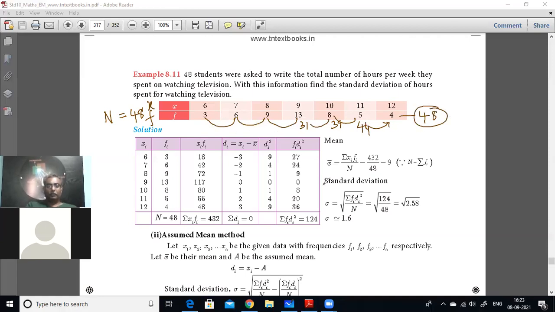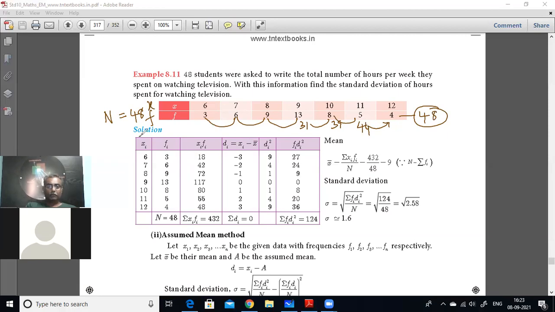Now, as usual, the data will be given horizontally. You have to arrange the data vertically. So put all the x values 6, 7, 8, 9, 10, 11, 12 vertically. Then put all the frequencies f of i as 3, 6, 9, 13, 8, 5, 4.